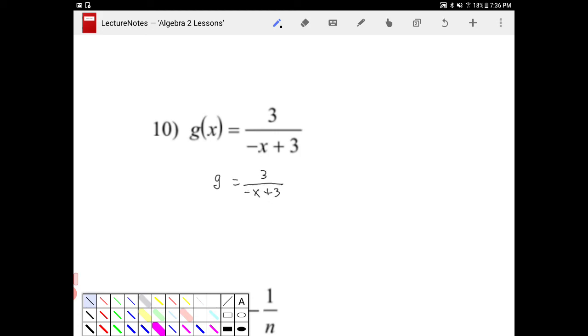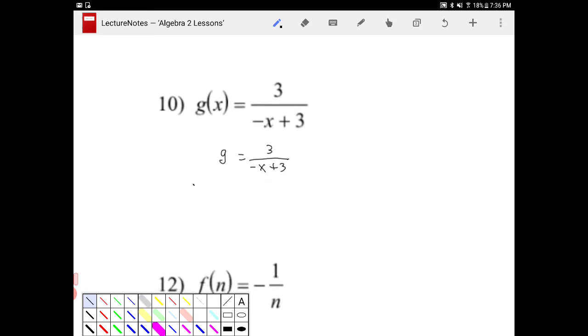Isolate x, so I want to get the x out of the denominator. Distribute the g. Subtract 3g from both sides, so I get negative gx is equal to 3 minus 3g. Divide by negative g.